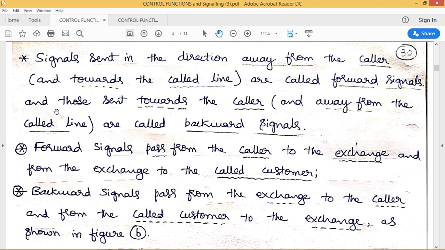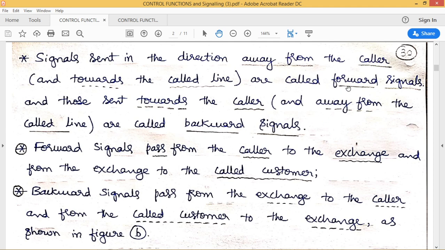Similarly, if the signals are sent towards the caller, that is away from the called line, such signals are called backward signals. That means if signals are transmitted from the called person through the exchange and back to the calling person, we call such signals backward signals.